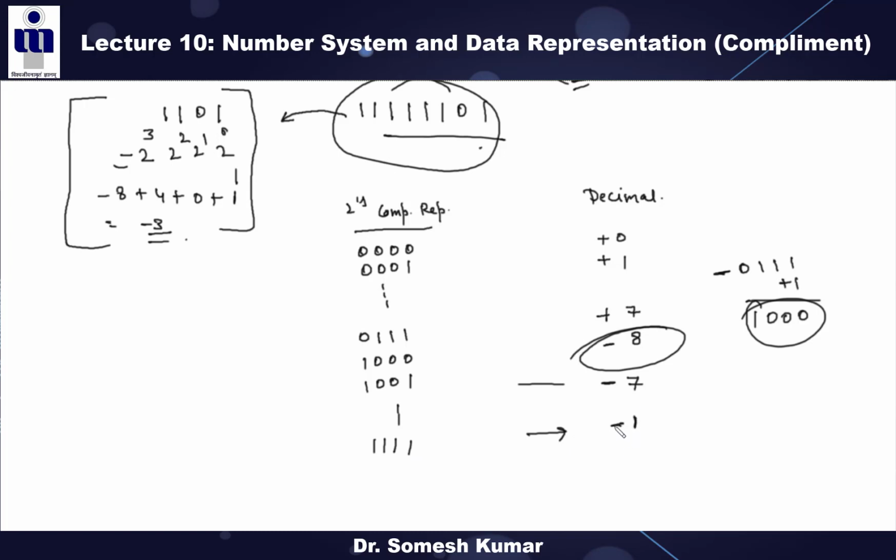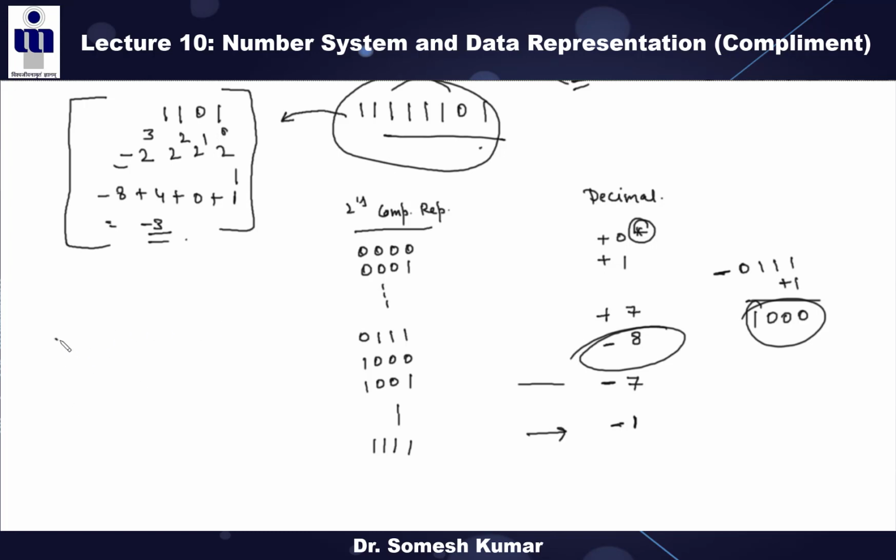So what is the advantage of this method? From this representation, it is clear that only one type of 0 is present, so that previous disadvantage is removed here. There is no minus 0. That's why it is better than 1s complement and sign magnitude representation. So what is the range?